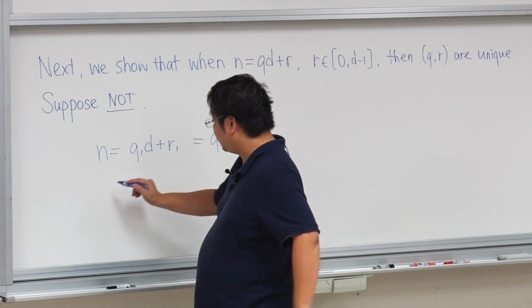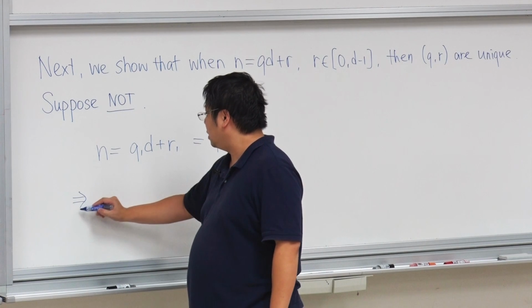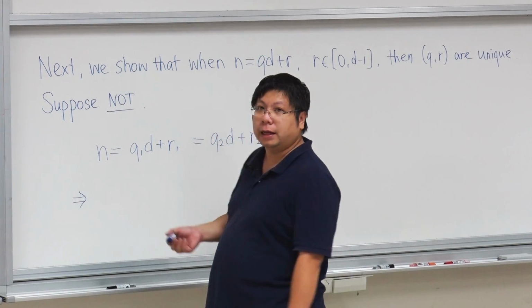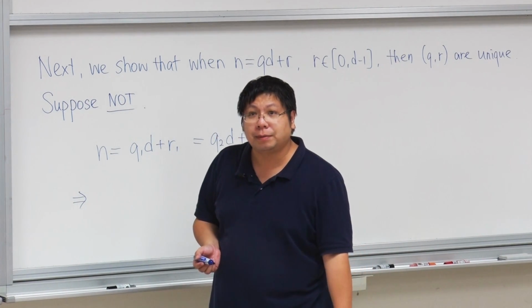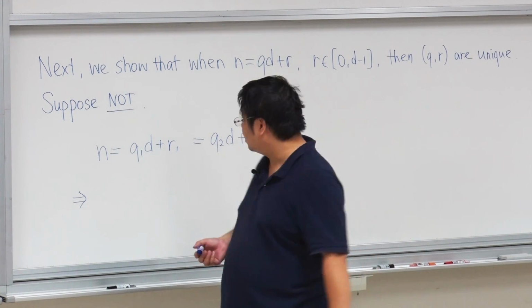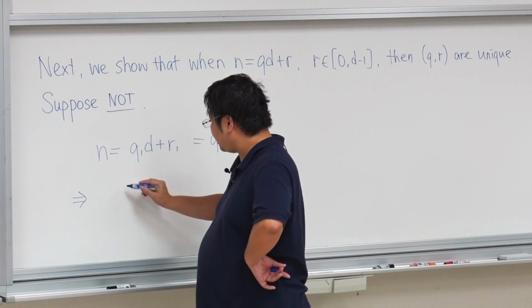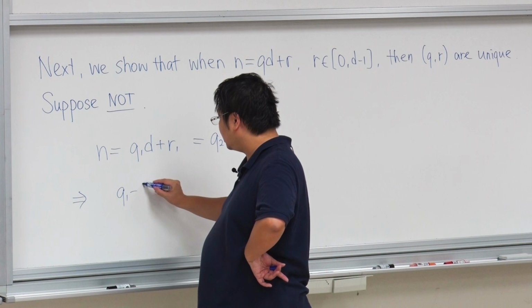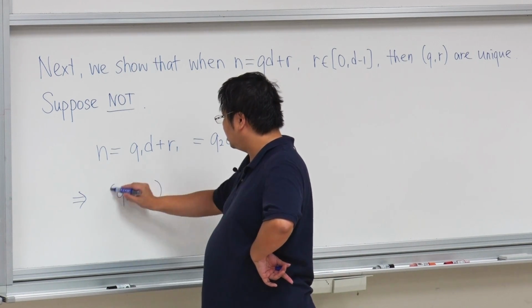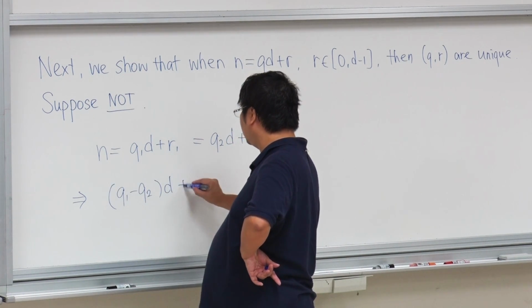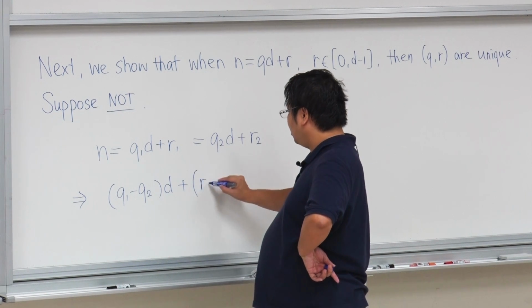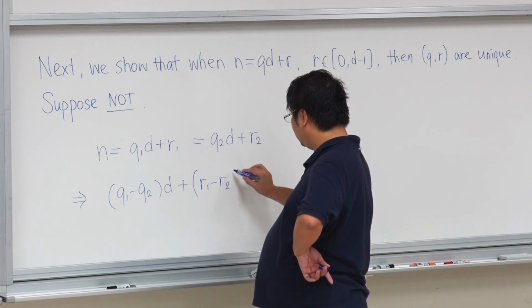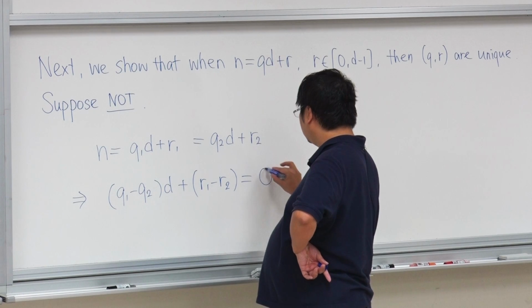Both expressions are equal to n, so the difference will be equal to 0. Does that make sense? So we will have q1 minus q2 times d plus r1 minus r2 is equal to 0, right?